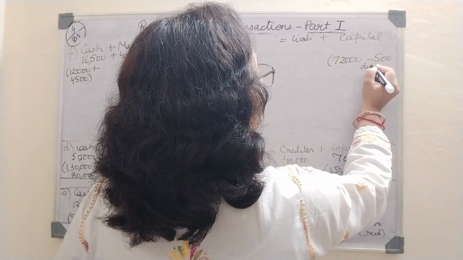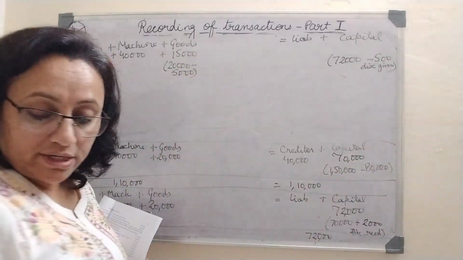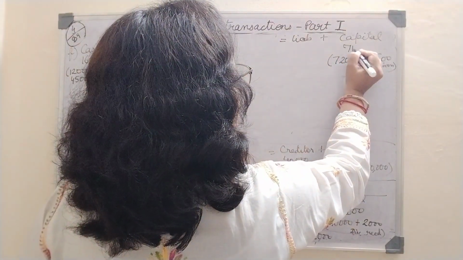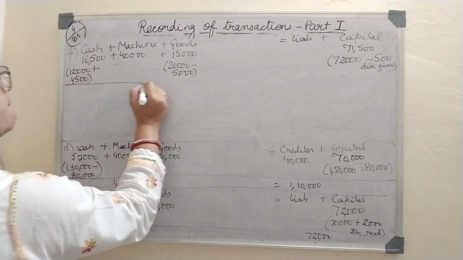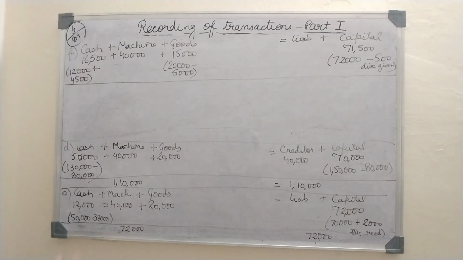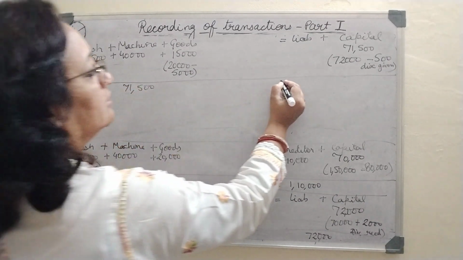You can write over here discount given. These notes help you to understand later when you go through the question. So it comes to 71,500. The total of both the sides is 71,500.